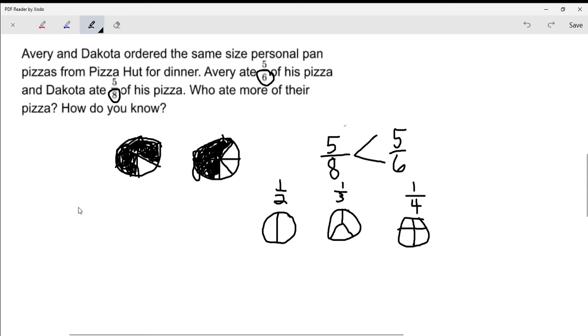Now, the most foolproof way of finding which fraction is bigger is finding a common denominator between them, so you're comparing, as they would say, apples to apples.